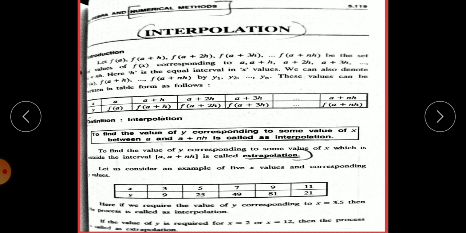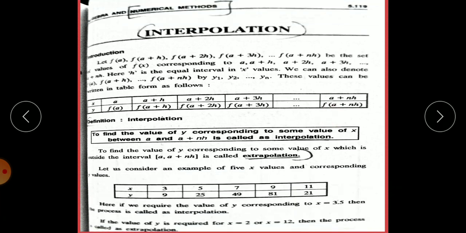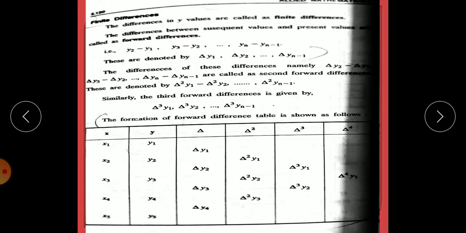Suppose they are asking the value of 2 or 12. The 2 is outside of that interval, they have given only 3 to 11. If they are asking 2 or 12 or 13, likewise, that will be called the extrapolation.